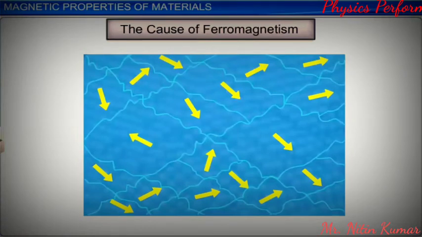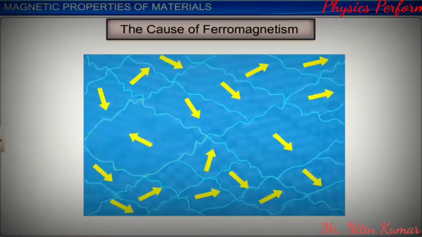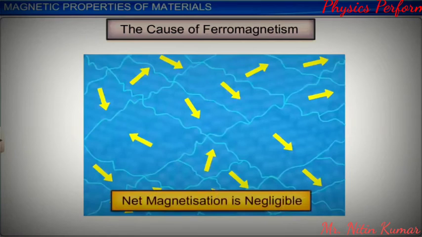This volume is called the domain. Each domain contains about 10 to the power 11 atoms, and each domain has a net magnetization. The magnetization changes from domain to domain. Thus, the net magnetization of a ferromagnetic material is negligible.